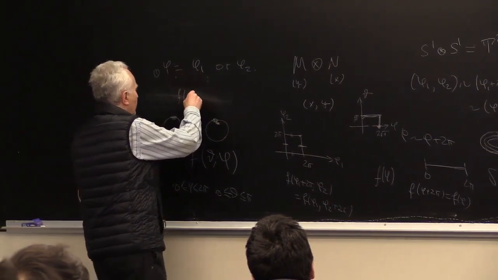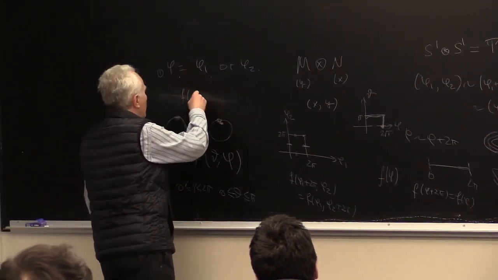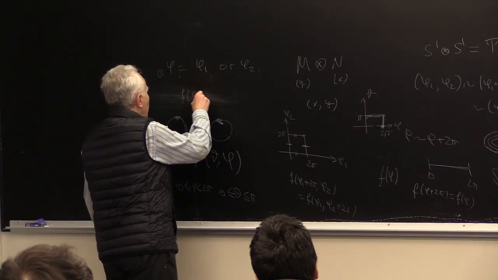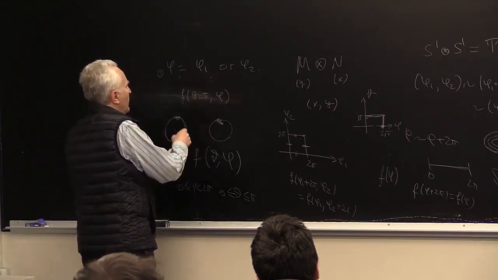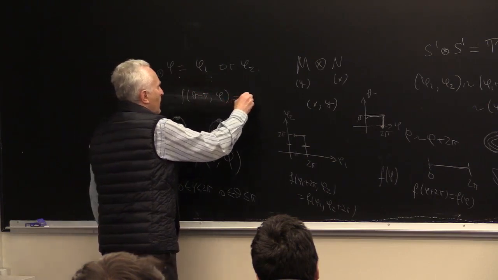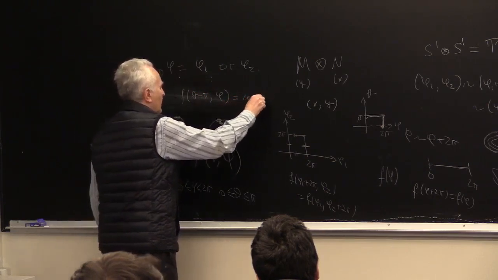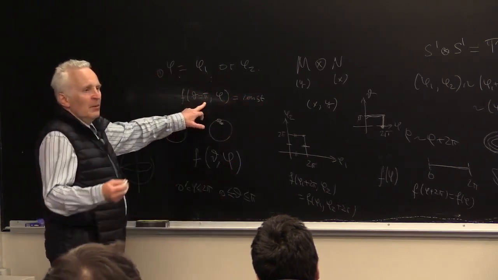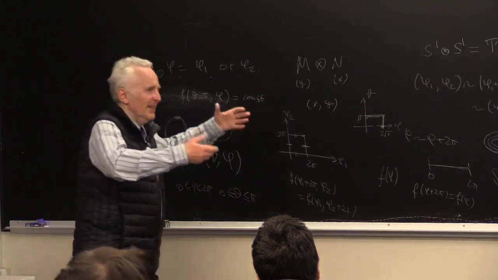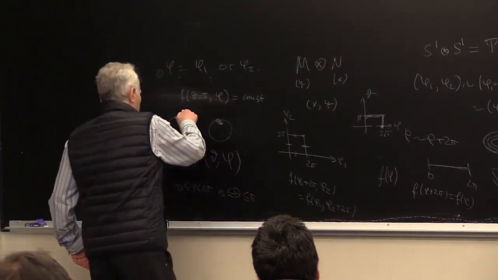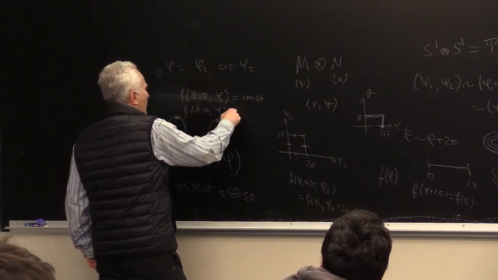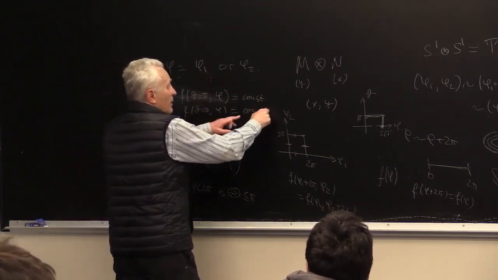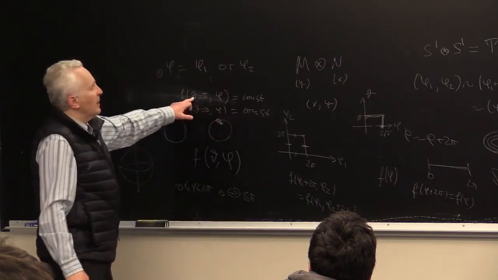If you have theta equals pi, then it should be phi independent. It must be a constant. And f at theta equals 0 is also a constant, which could be a different constant, actually.